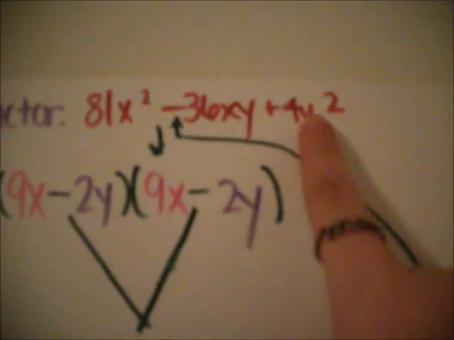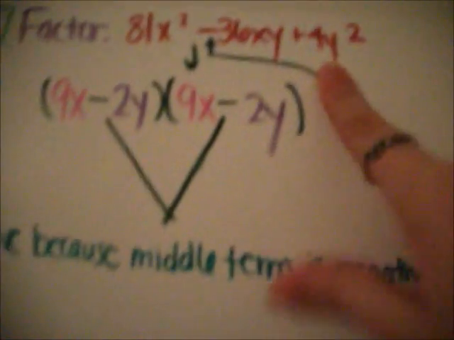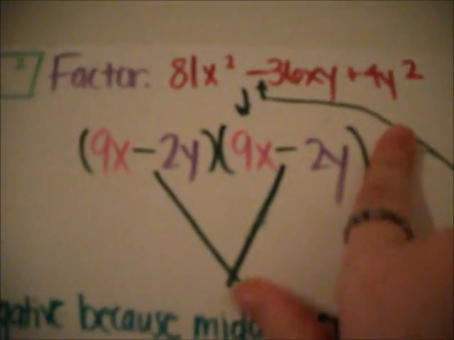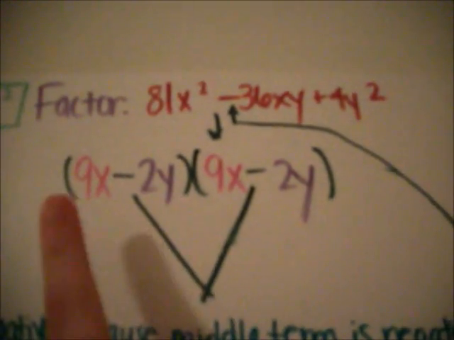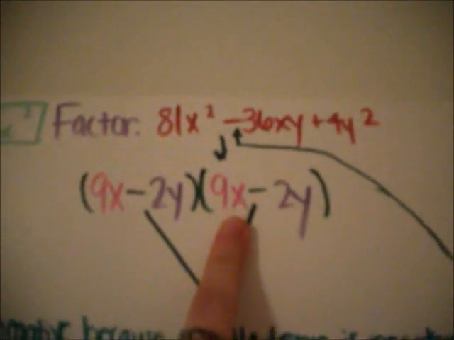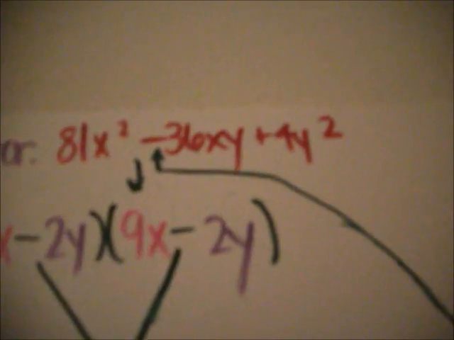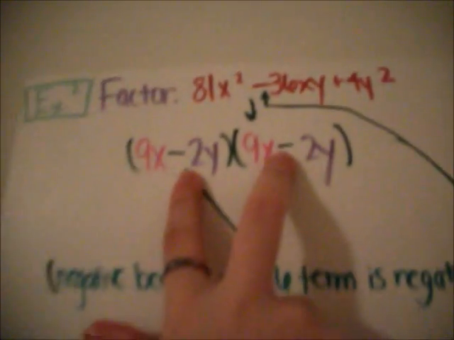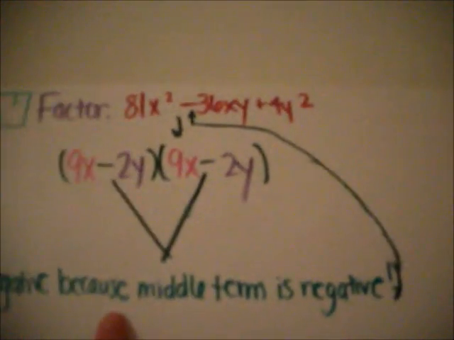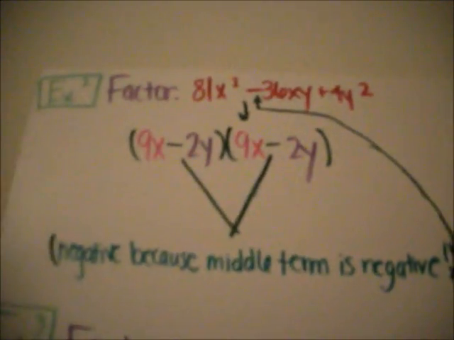And the square root of 4y squared is 2y, because 2 squared equals 4, and y to the second power is y squared. Now, knowing whether to make these positive or negative, they are negative because the middle term is negative.